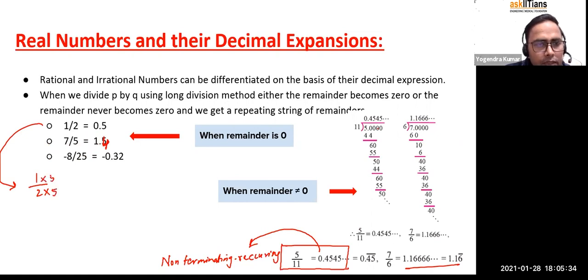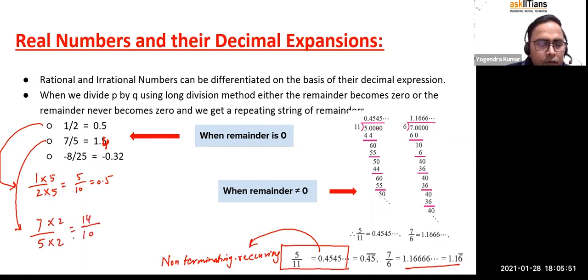I showed you the method last class. 5 divided by 10 is 0.5. Similarly, for 7 by 5, can I multiply 2 up and down? So it is 14 divided by 10, so it is 1.4 clearly, right?